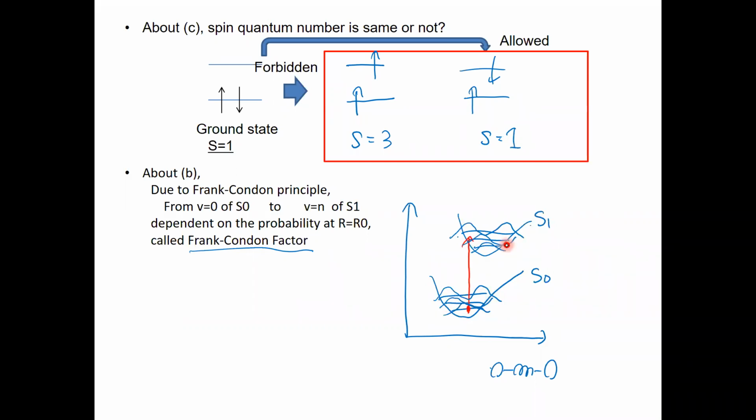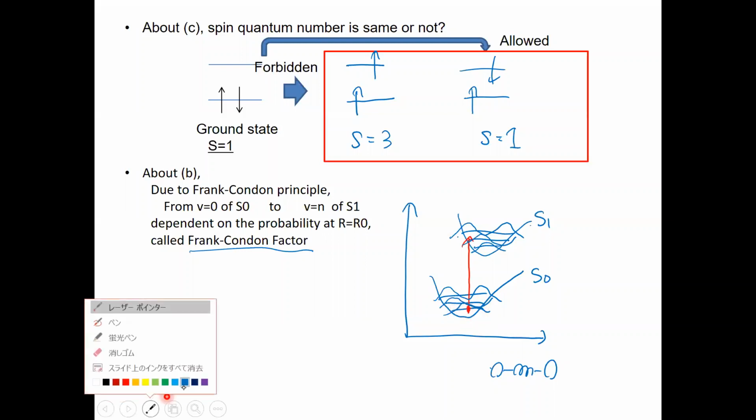And in each vibrational state, there's a wave function, so that gives some sort of the probability of the states at each distance between these molecules. In light absorption, it mostly starts from v equals 0, right?